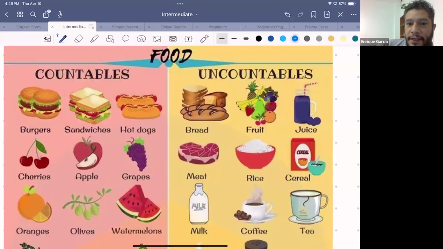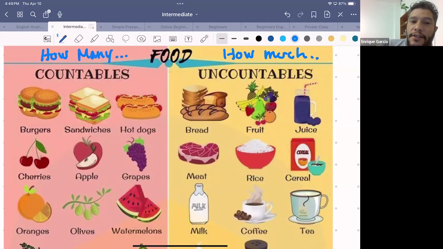Por ejemplo, si no le decimos la cantidad, es cuando no sabemos la cantidad, es cuando tenemos que utilizar how much, y cuando sabemos la cantidad es how many. Hace ratito estábamos viendo, por ejemplo, que agua es no contable, pero sí es contable cuando le decimos un litro de agua, dos litros de agua o una botella de agua.